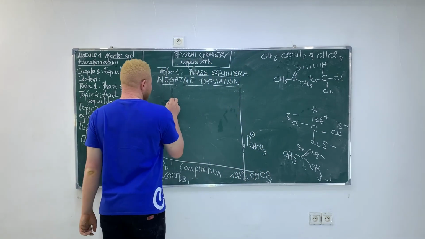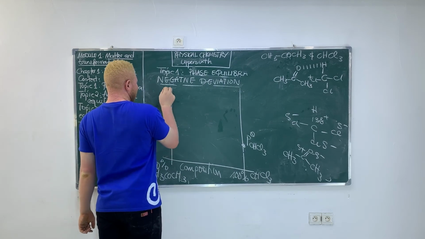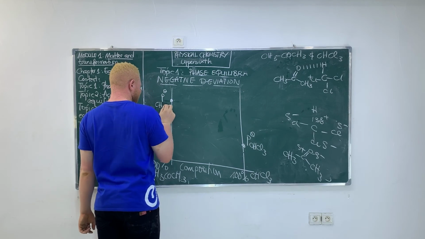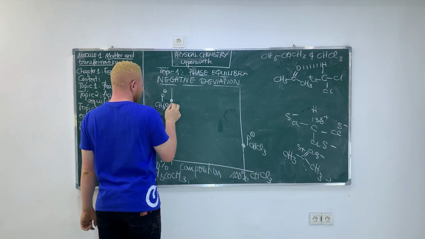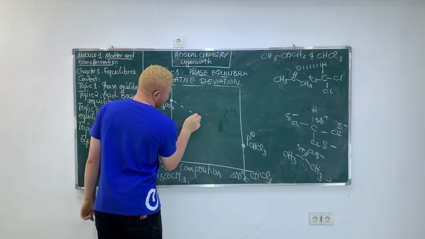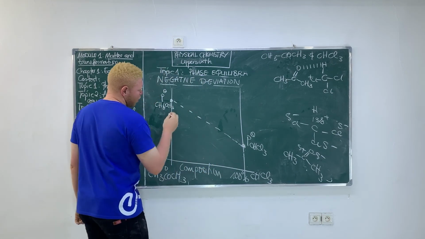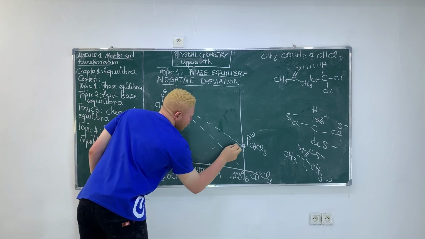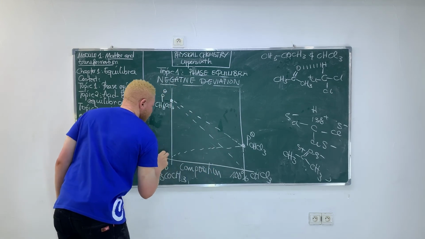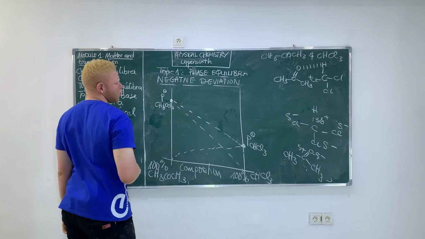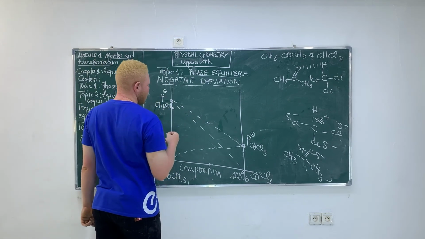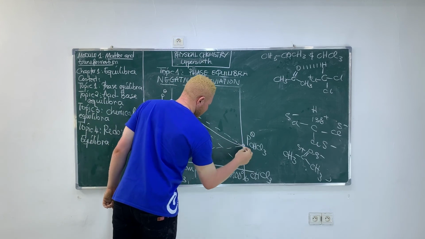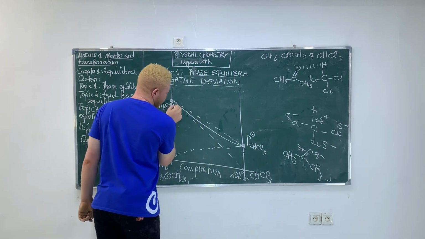Here we have a P theta of acetone. So this is what I was saying. So the vapor pressure is lower than that predicted by Raoult's law.